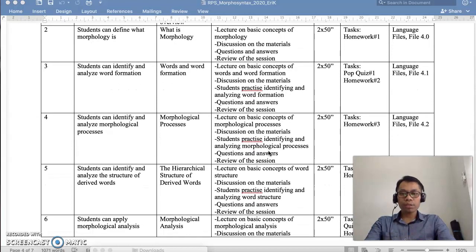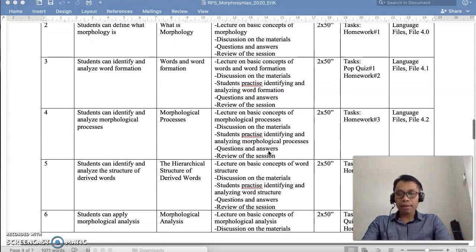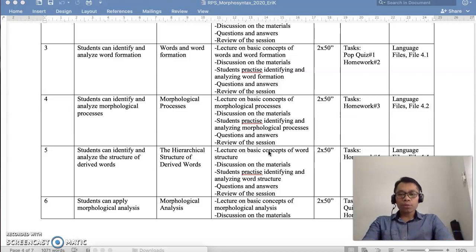In week 3, we'll talk about words and word formation, what makes up words, assuming that words are made up of smaller parts. And in week 4, we'll talk about morphological processes, so what it takes for some fragments or word parts to make up words.